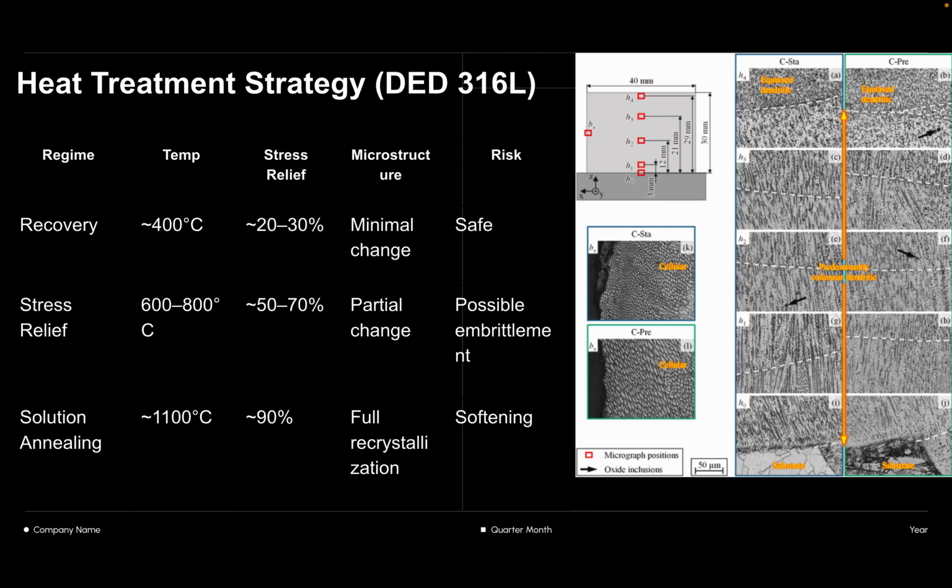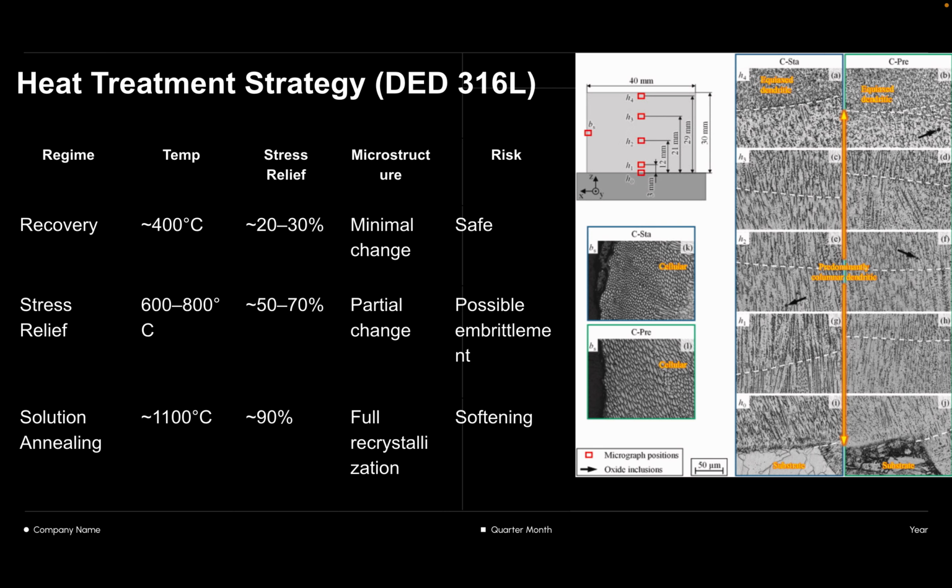Heat treatment strategy. At around 400 Celsius, recovery occurs with minimal microstructure change and moderate stress relief. Between 600 and 800, additional stress can be relieved, but there is a risk of embrittlement due to phase precipitation.